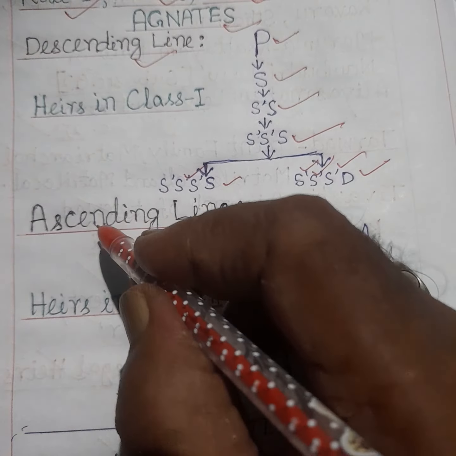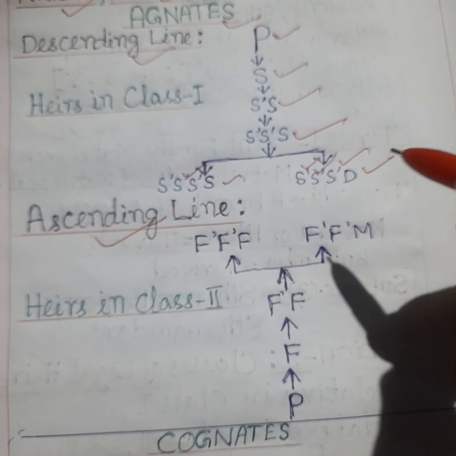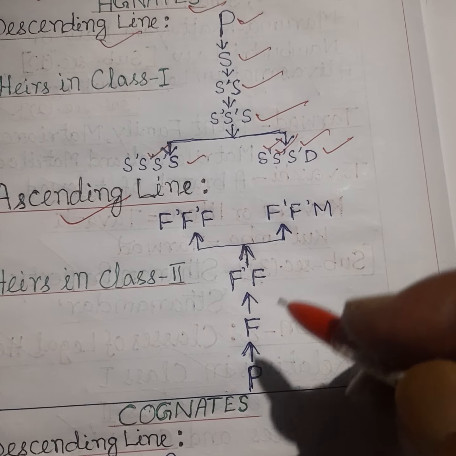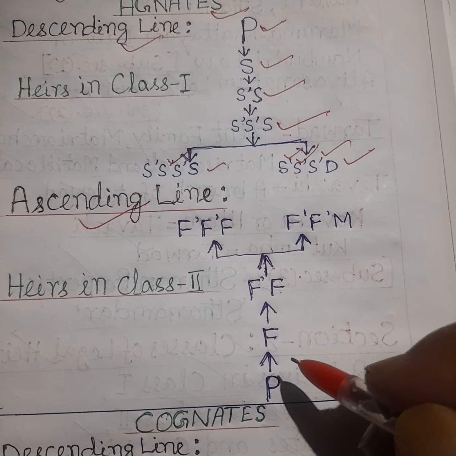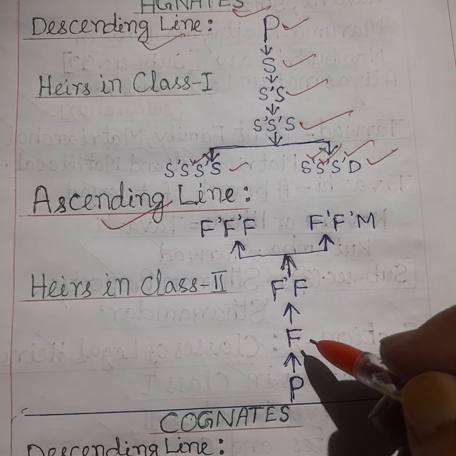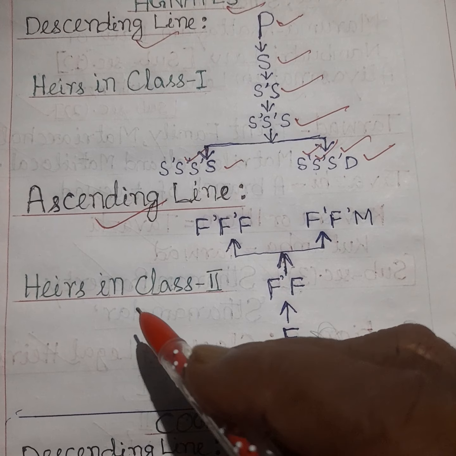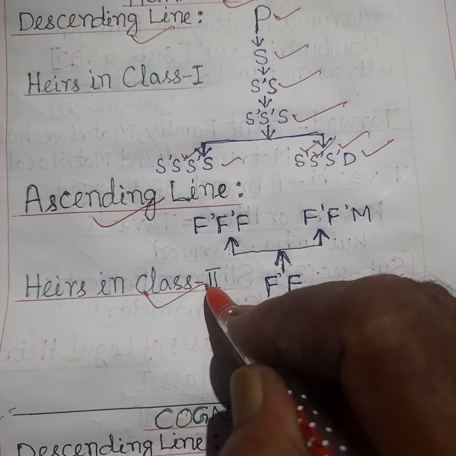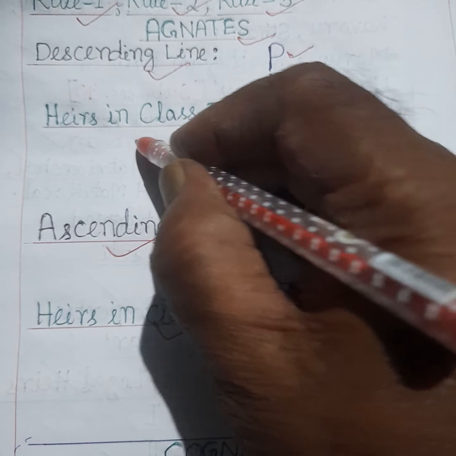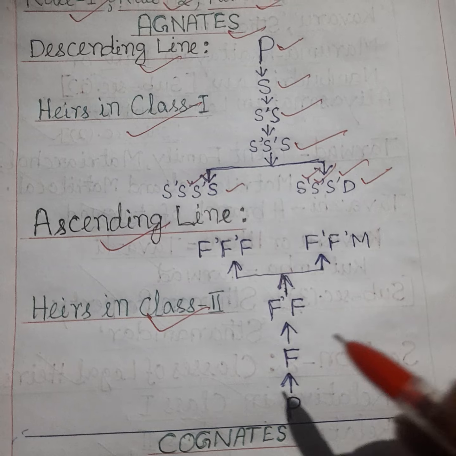And regarding the ascending line of that property, it falls under heirs in class 2, just as in the descending line it falls under heirs in class 1.